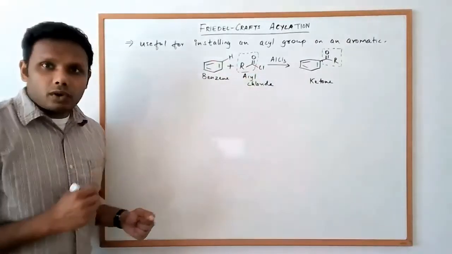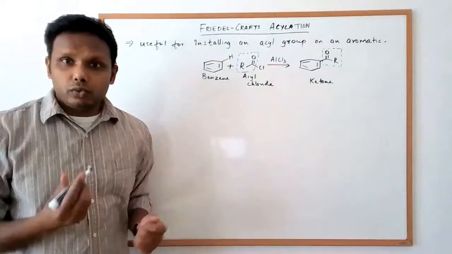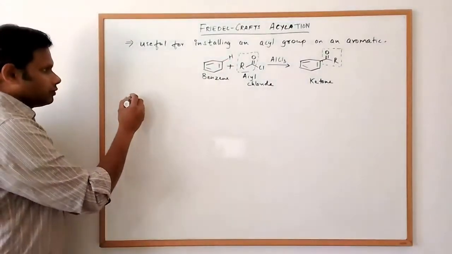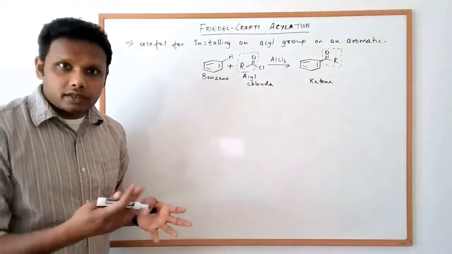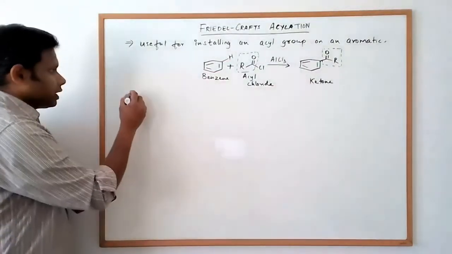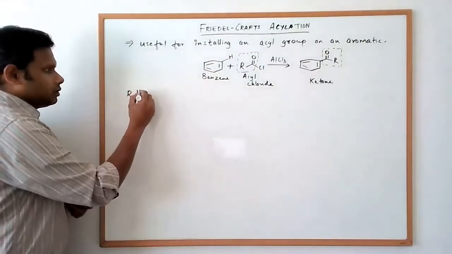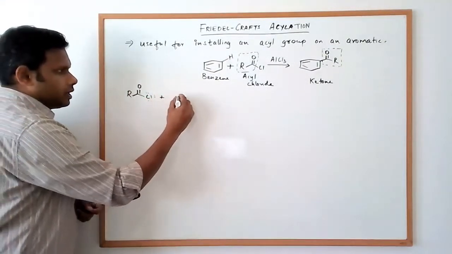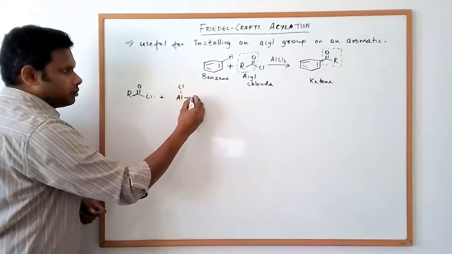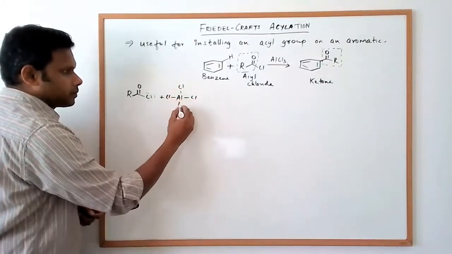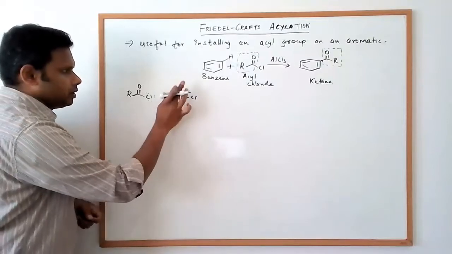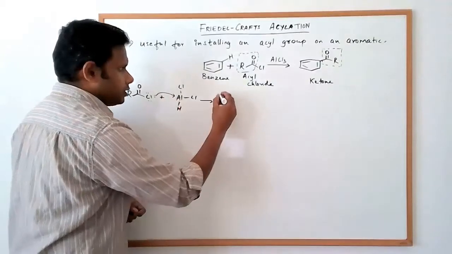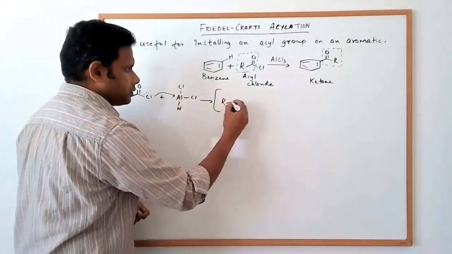Now, because this involves the acyl chloride and the aluminum trichloride as a catalyst, the mechanism of the formation of the electrophile here is something similar. So what happens is the acyl chloride reacts with the aluminum trichloride, and it gives rise to an intermediate.